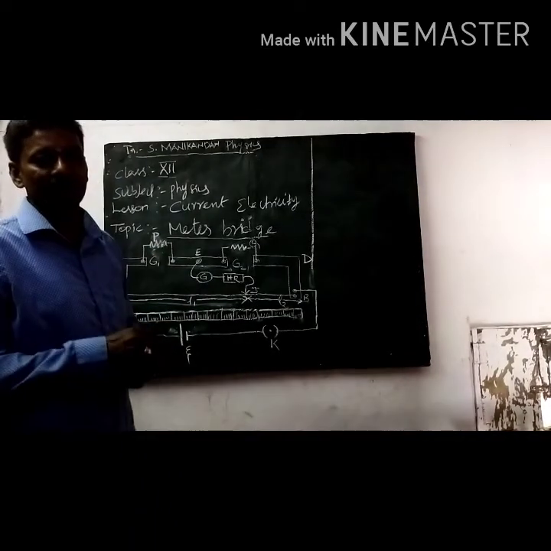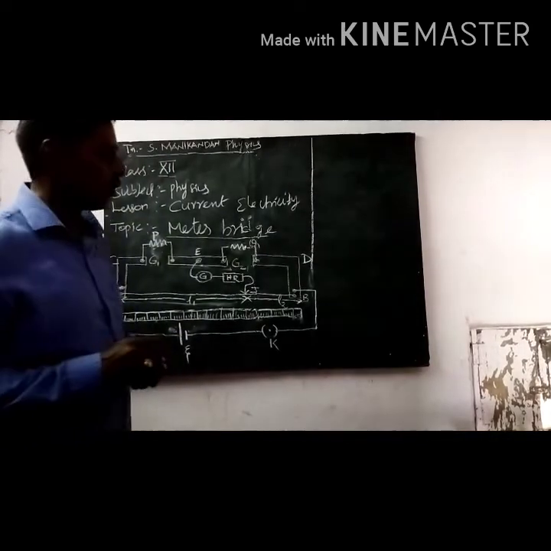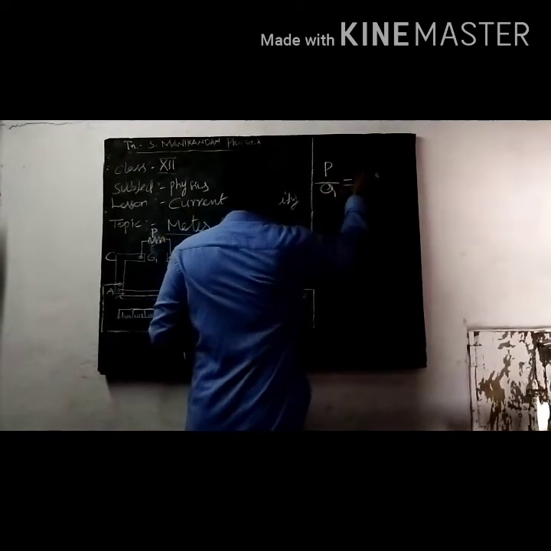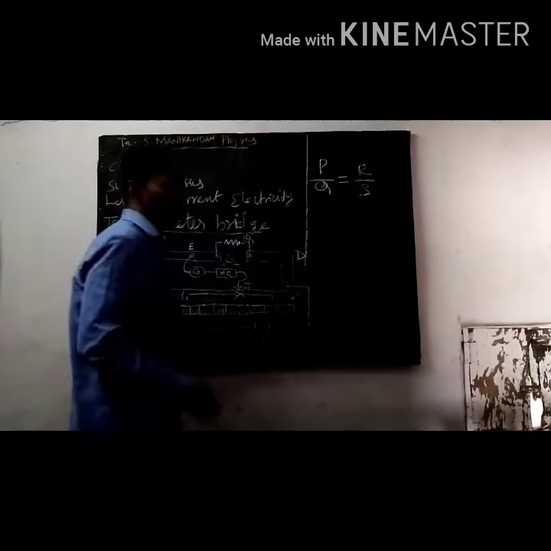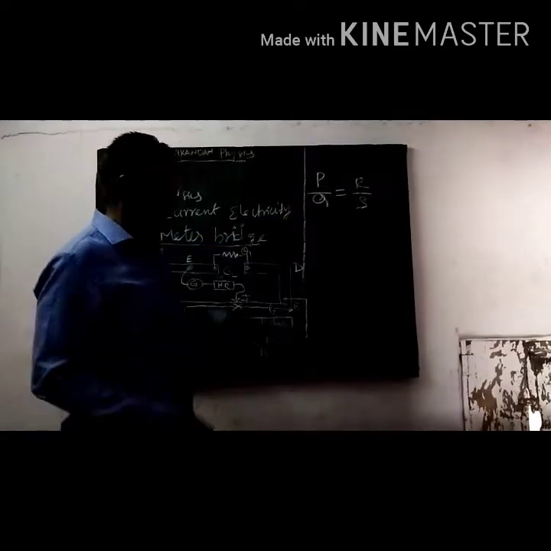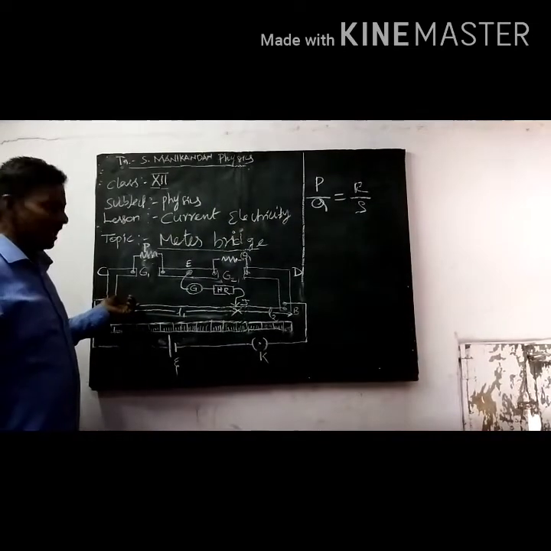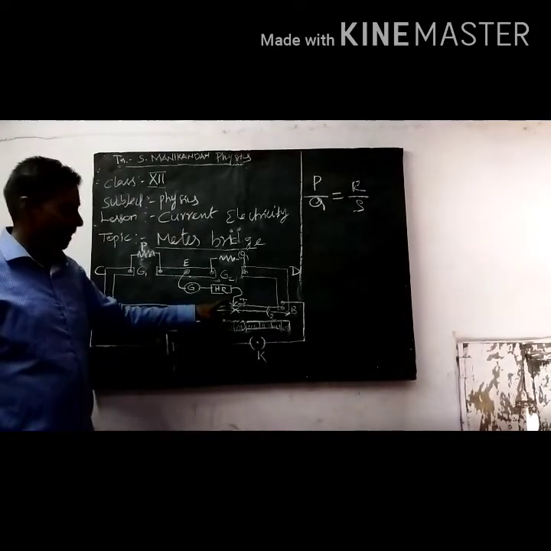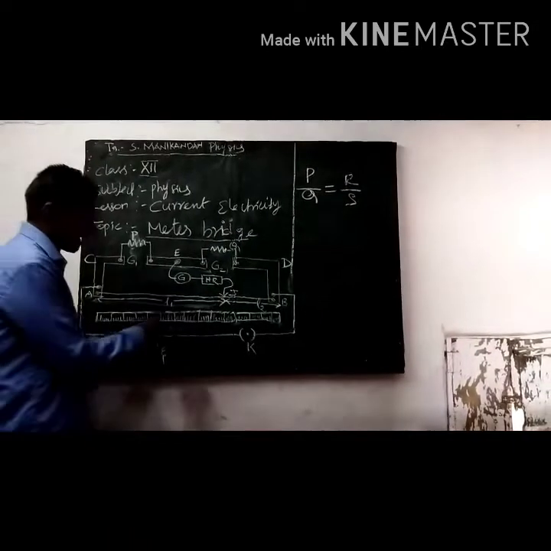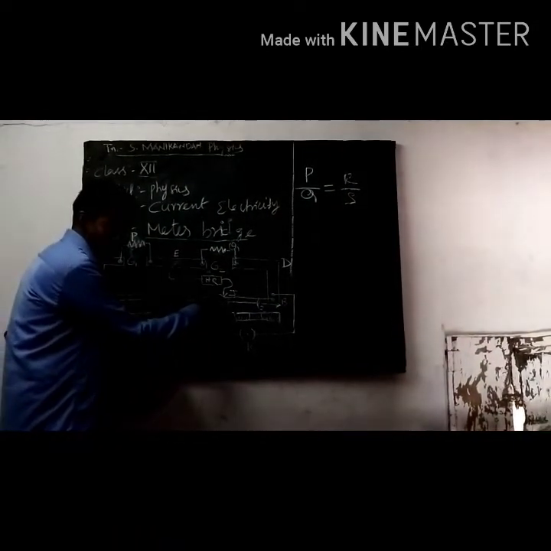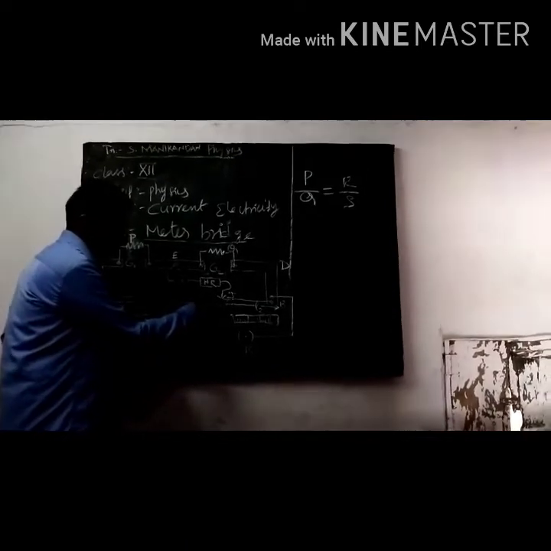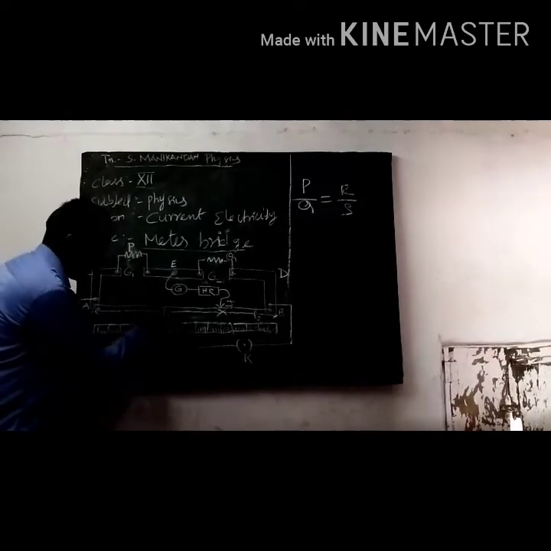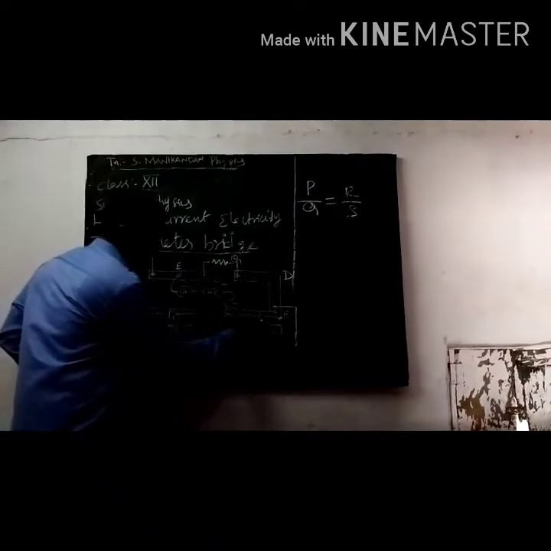And also from the Wheatstone bridge formula, what is the Wheatstone bridge formula? P by Q is equal to R by S. This belongs to Wheatstone bridge. So now when we move the jockey on the wire, the corresponding point can be found by the meter scale, which is taken as L1, and another one is L2.